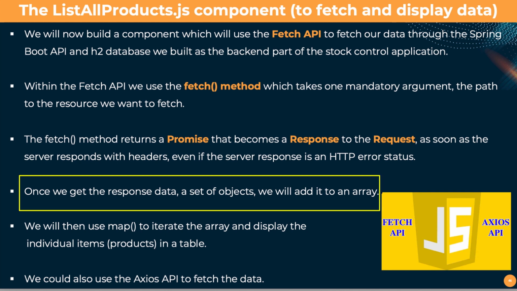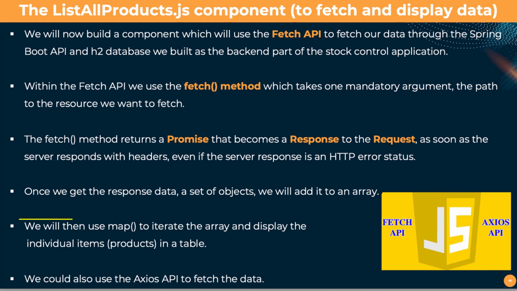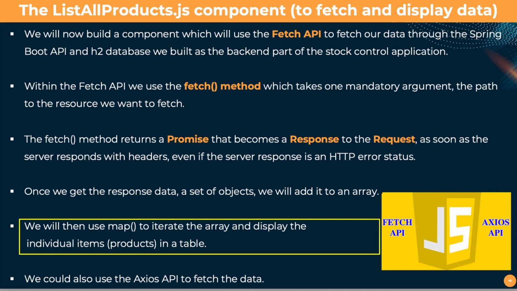Once we get the response back in JSON format, we will set it to be part of an array which we will create. Once it's an array, we will then use the map facility to iterate the array and display each of the individual items, or the products really, which are in our table.